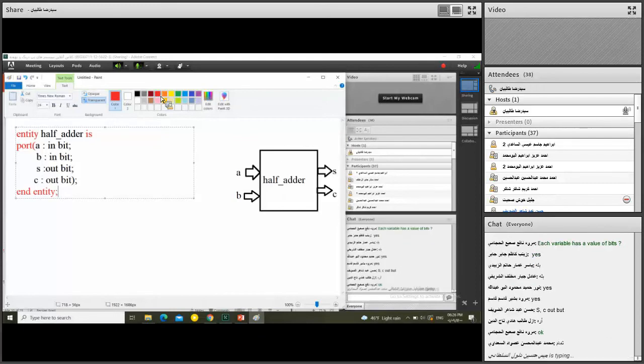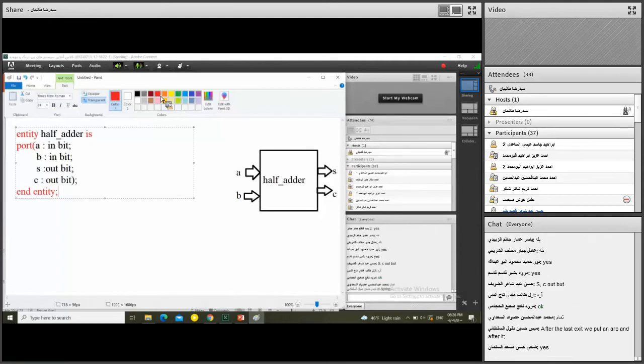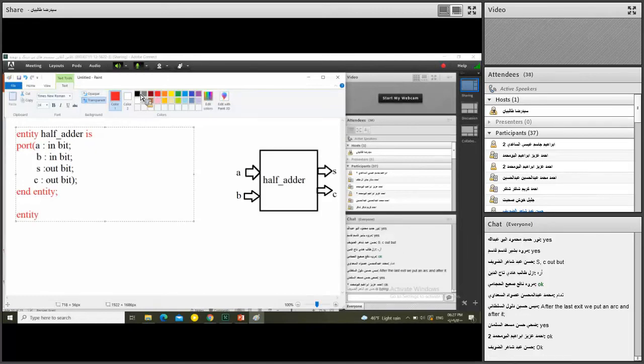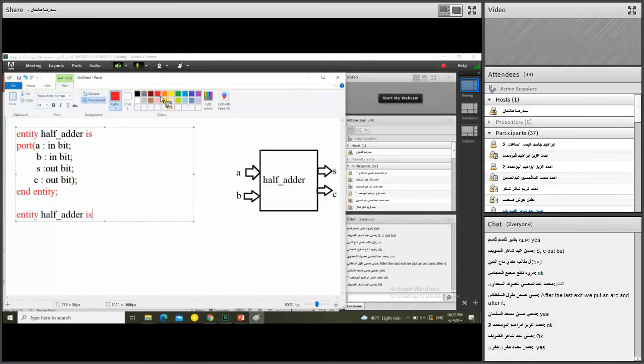One of the students wrote a special thing, S and C, out and bit. You can write this definition in another way, like this: entity half adder is port. Now you can consider A and B, both of them, in one line.